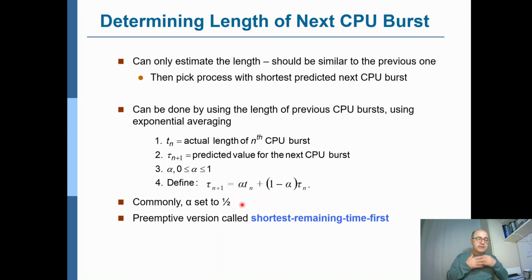Like while executing some of the processes, another one arrives. Now, you have already made some decision, and what if the new one that arrives is shorter? Our idea was to do the shortest ones first. That's what SJF says, shortest job first. But the shortest one was not available at the time I made my decision, so I didn't know about that one. I started with a process, and then a shorter process arrives.